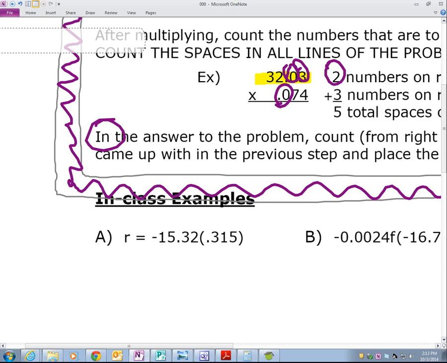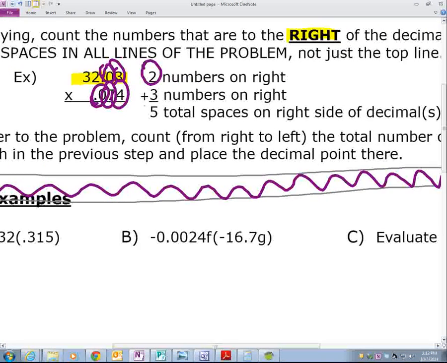Then on this one we have 1, 2, 3 decimals, and there are 3 numbers to the right. And 3 plus 2 is what? 5. So that means that whatever the product is between these guys when we're not paying attention to the decimals, we're going to have it be 5 decimal places from the right.